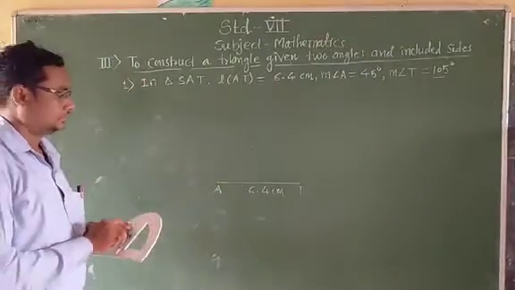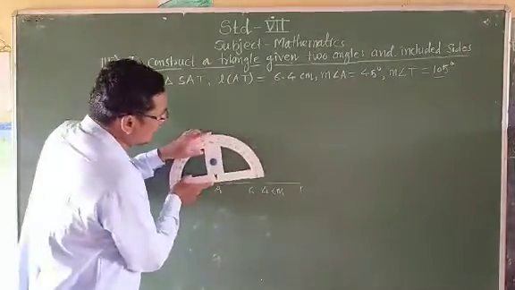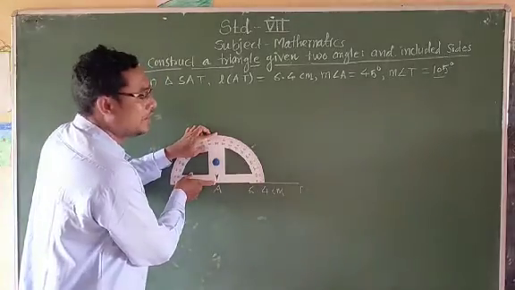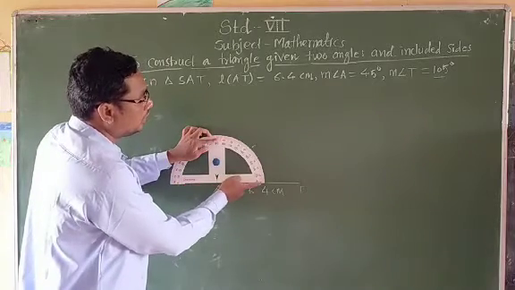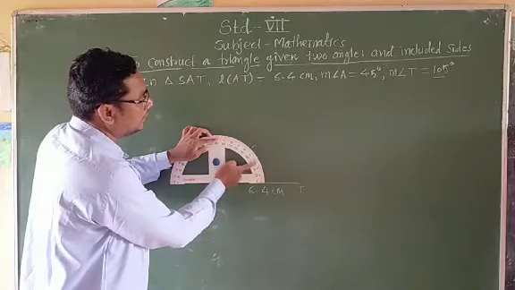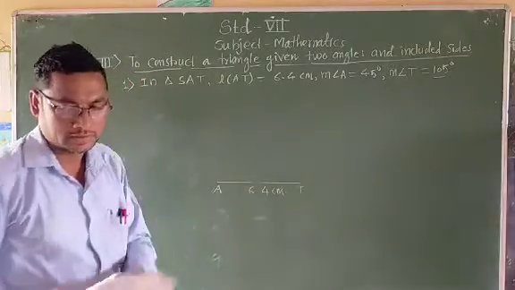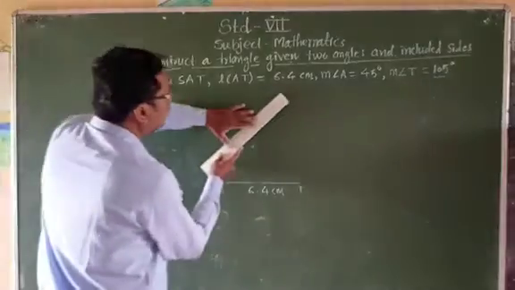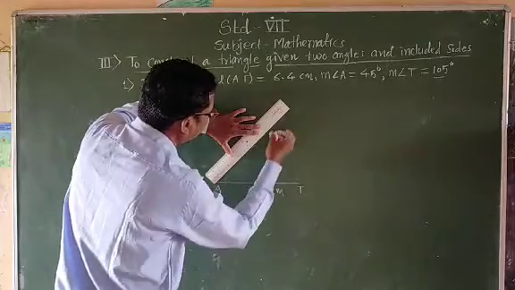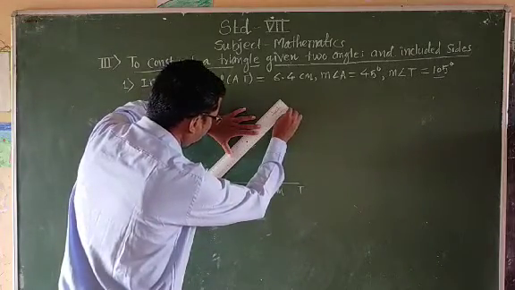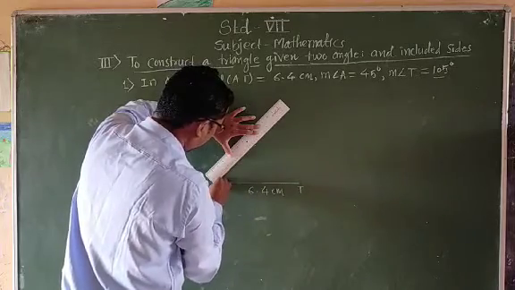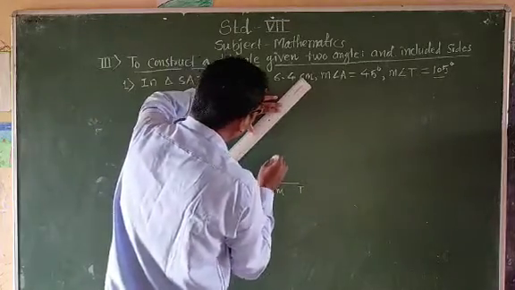Then look here, we draw the angle A, that is 45 degree. You have to read from this side: 10, 20, 30, 40 and 45 degree. Then join it. So we get angle 45 degree. We have to extend this.